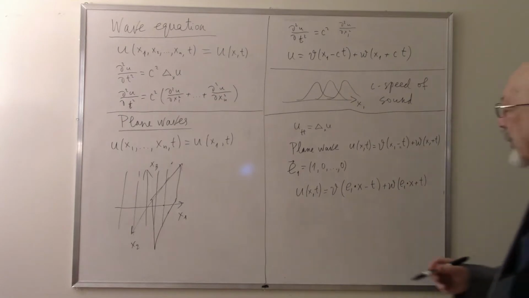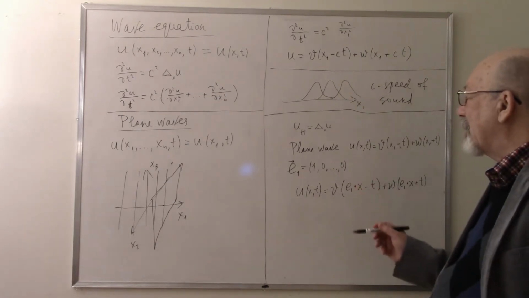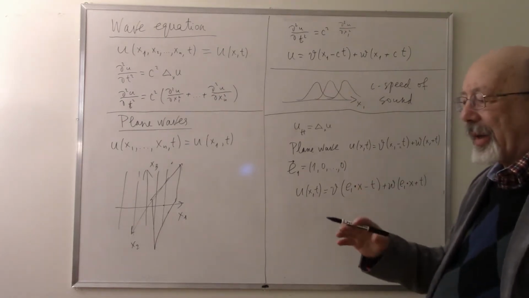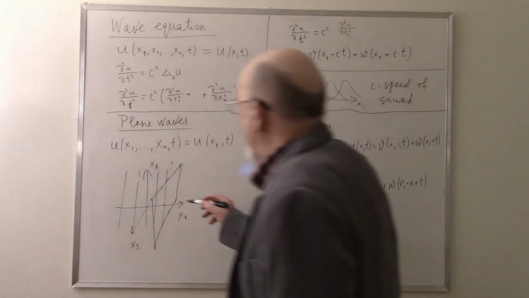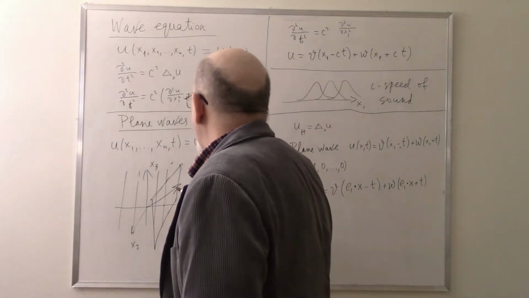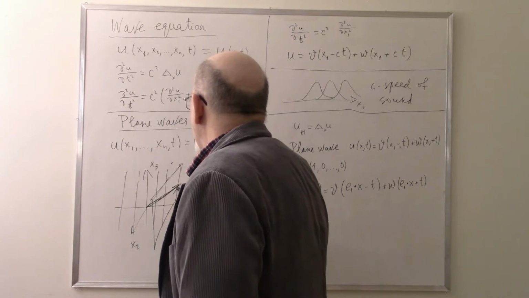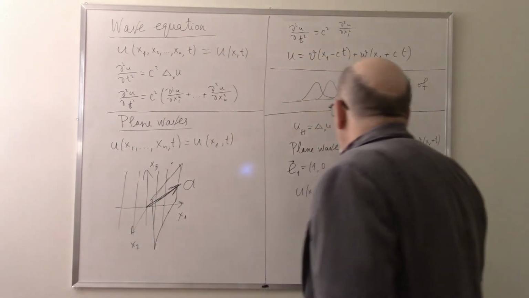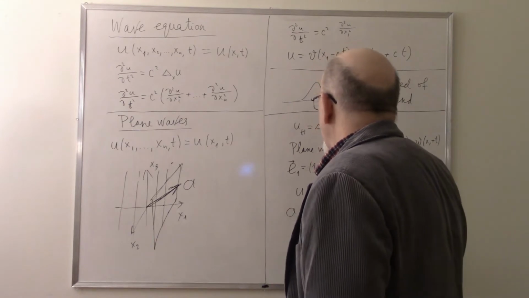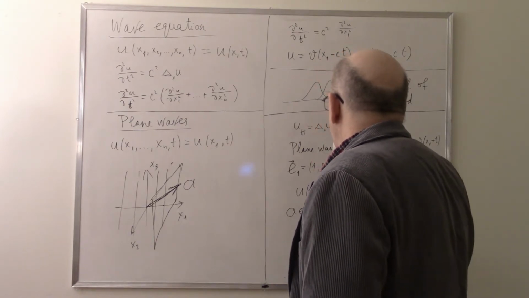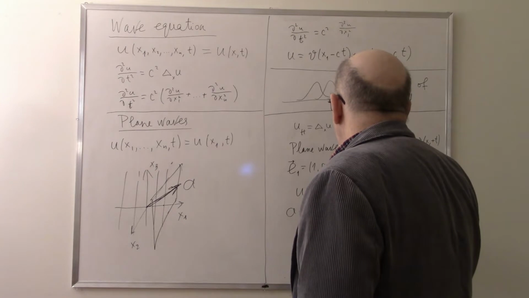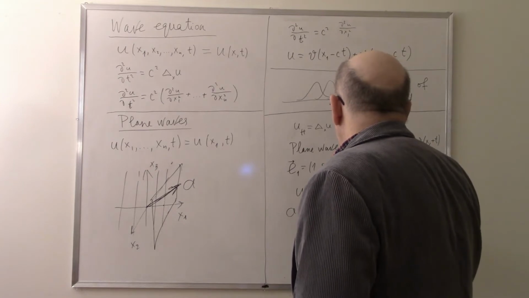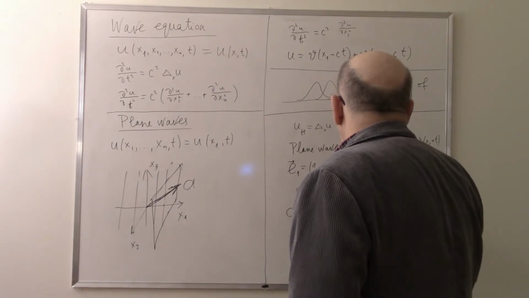But with this we can generalize it to any direction. So let us take any other unit vector. Let me call this vector A, A in Rn, length of A equals 1.